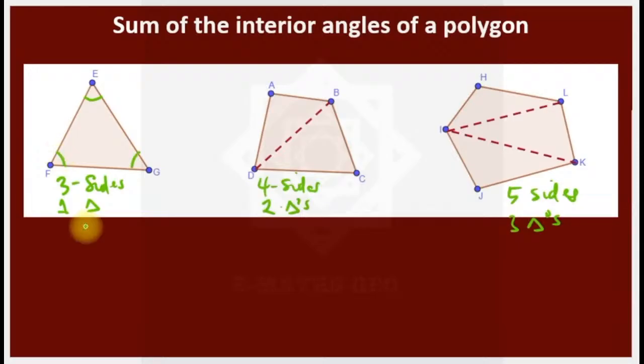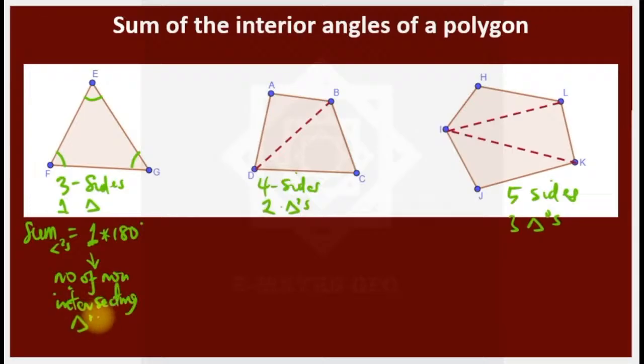So if I want to get the sum of the interior angles, it's simple. What can you deduce from this? We can get the sum. This is 1 triangle. So the sum of the angles will be the number of non-intersecting triangles times 180, where 1 is the number of non-intersecting triangles in it.